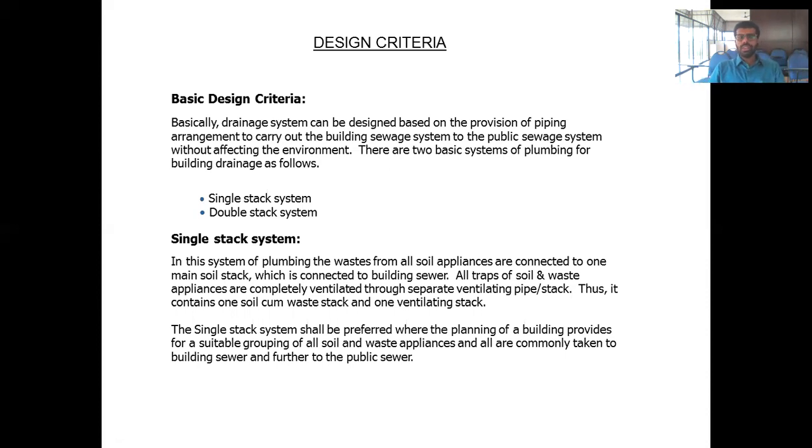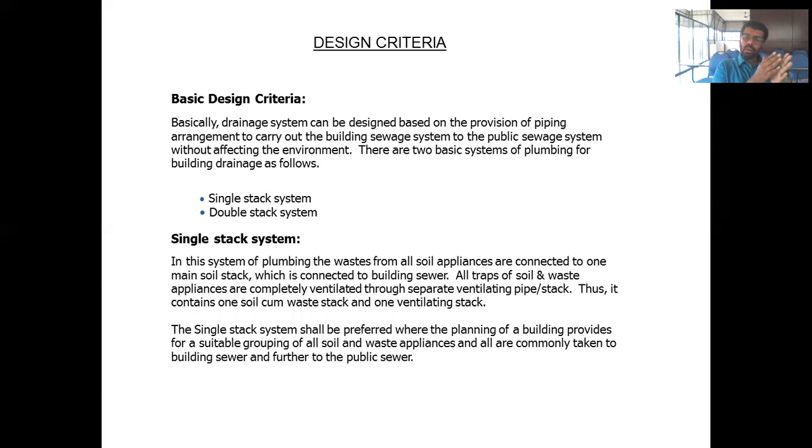The first one is called the single stack system, and the second one is called the double stack system. Simply explaining, there are two types of waste that come out from our building or toilet: the wastewater from the toilet, and the soil waste, or solid waste, from the water closet.